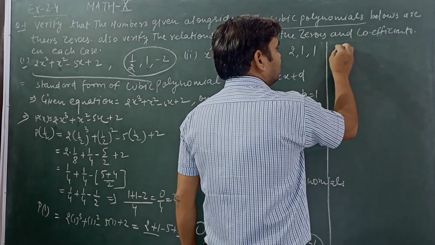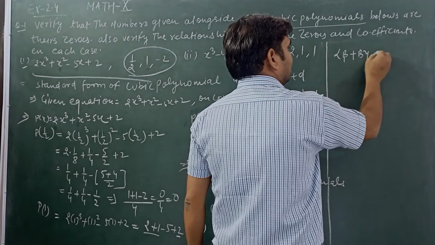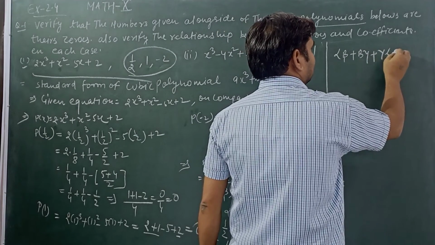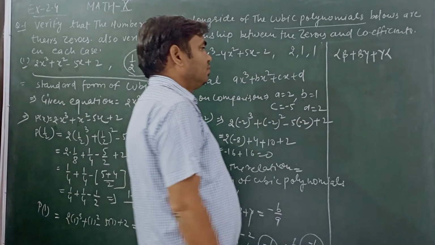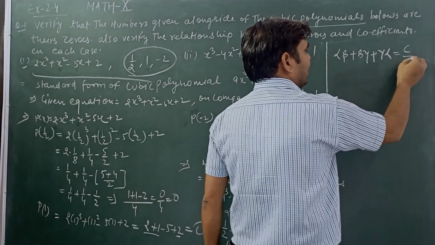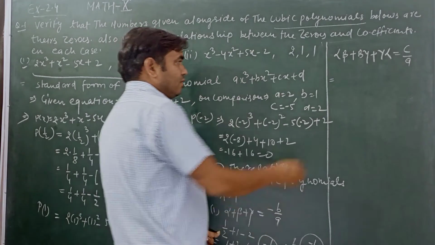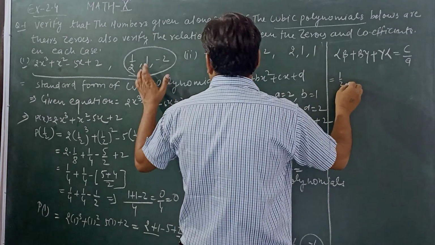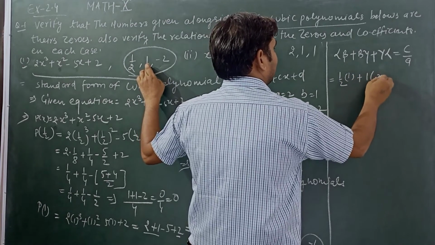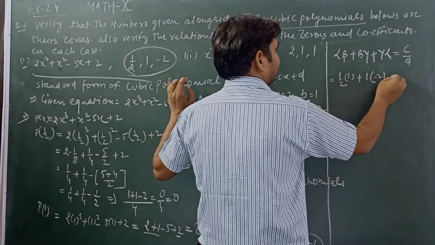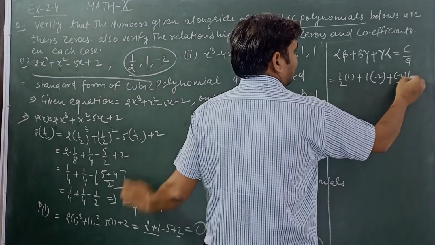Now we take the sum of the products of two zeros at a time: alpha beta plus beta gamma plus gamma alpha, which should be c over a. We get 1 over 2 times 1, plus 1 times minus 2, plus minus 2 times 1 over 2.